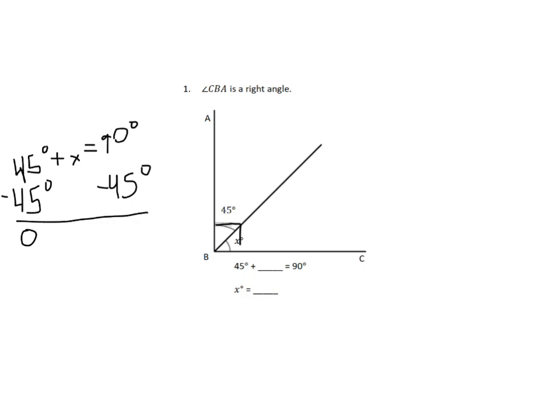So it would just be 0 plus x, or you could just have x by itself equals 45 degrees. So the missing angle is 45 degrees. So x equals 45 degrees.